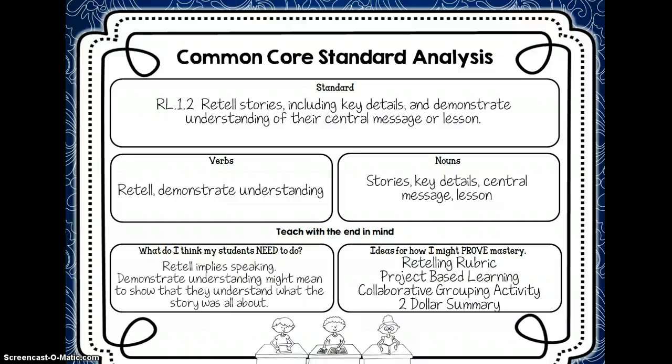Each student gets to talk about that part of the story and share. Or I might even do what's called a $2 summary. Each word in their sentence is worth 10 cents, so they have to give me, in 20 words or less, the entire meaning of the story. Now, I did do this with my firsties, but it did take me till about March to get them to be able to do it on their own, but they were incredibly effective at that from March through the end of the year.